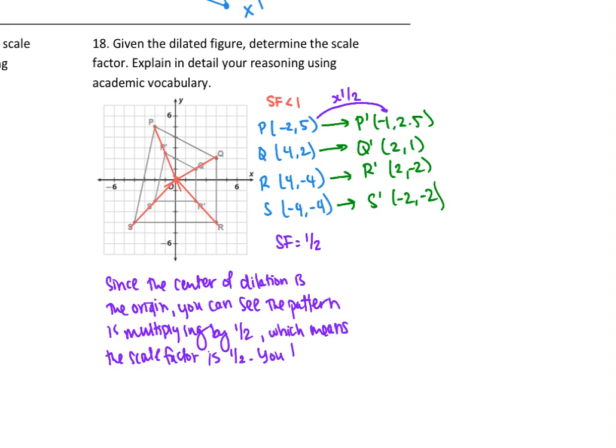You know that the scale factor is less than 1 because it is a reduction.